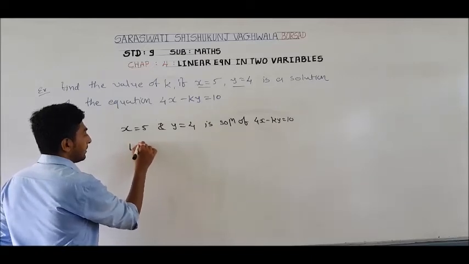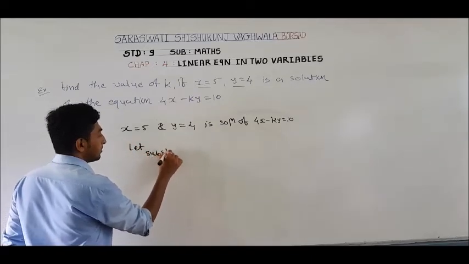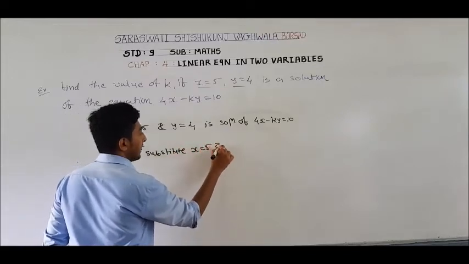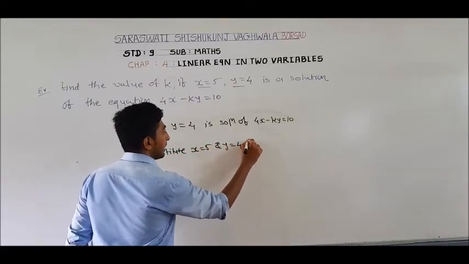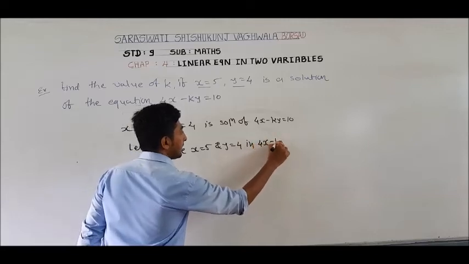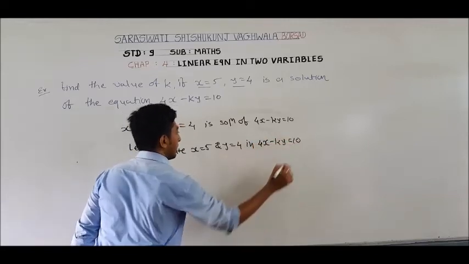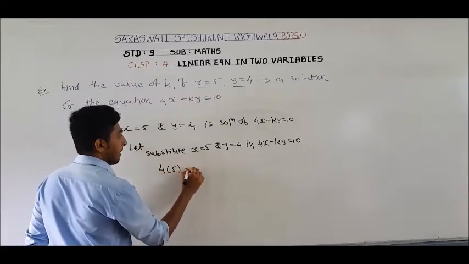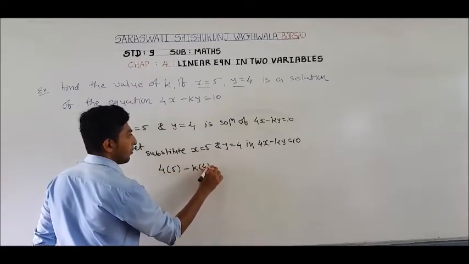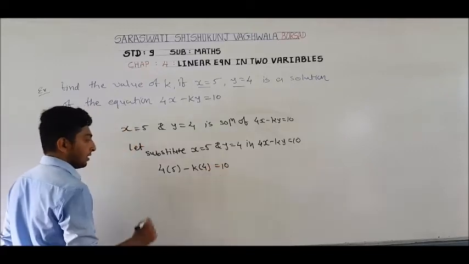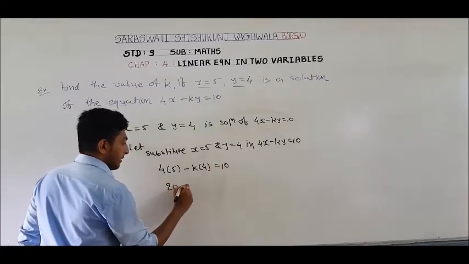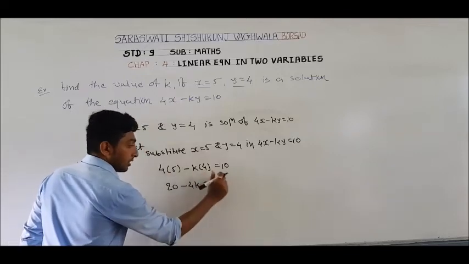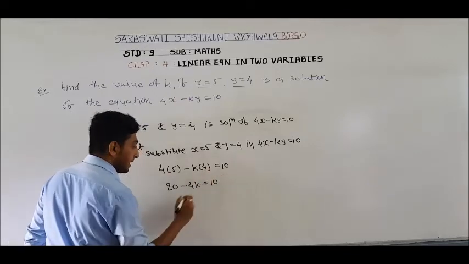Now let us substitute x equal to 5 and y equal to 4 in 4x minus ky equal to 10. So 4 into 5 minus k into 4 equal to 10. 20 minus 4k equal to 10. 20 will go to the other side, the sign will be changed.